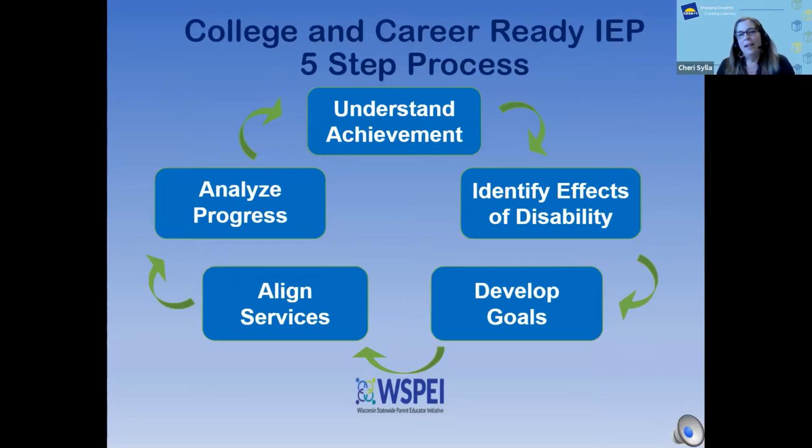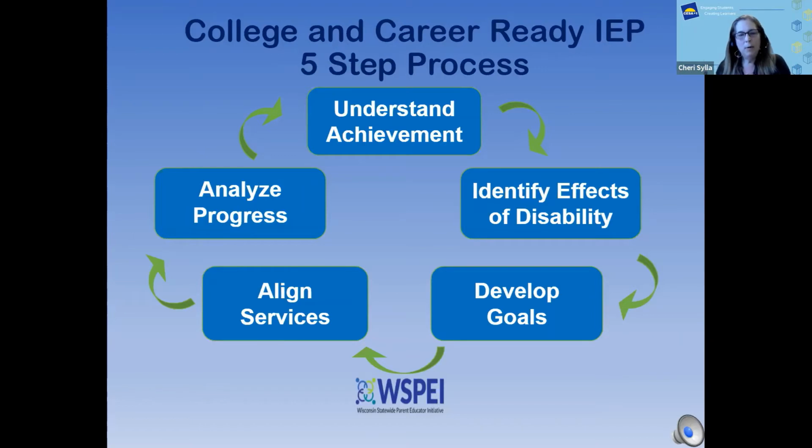And then finally, the next informational slide here, there is a 5-step process. It's always been in the law, this 5-step, but when DPI revamped things in 2017, they did some re-emphasizing, I guess. So step 1, understanding achievement.